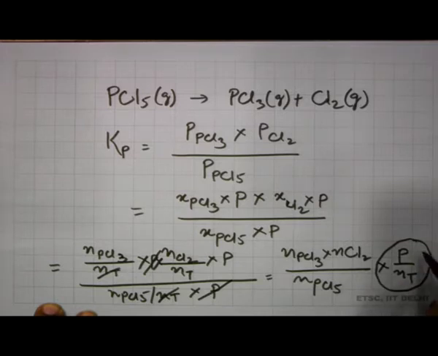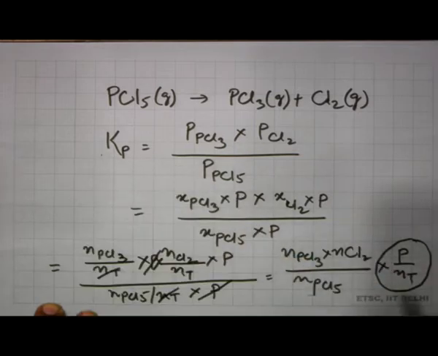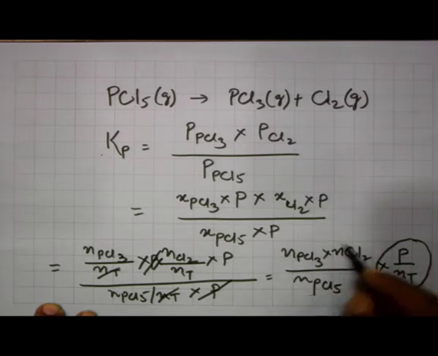If it increases, this value will decrease to keep Kp constant, while if it decreases, this will increase to keep Kp constant.